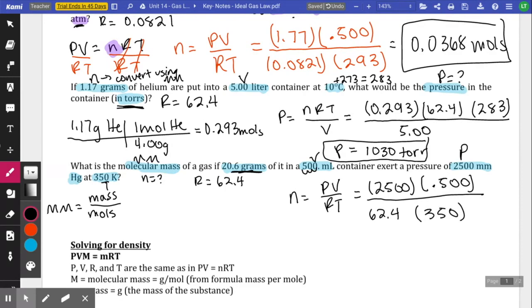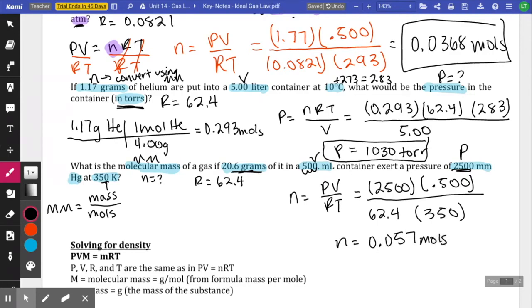Okay, we should have 2 sig figs in our answer there because 2,500 only has 2 sig figs. So I got 0.057 moles.